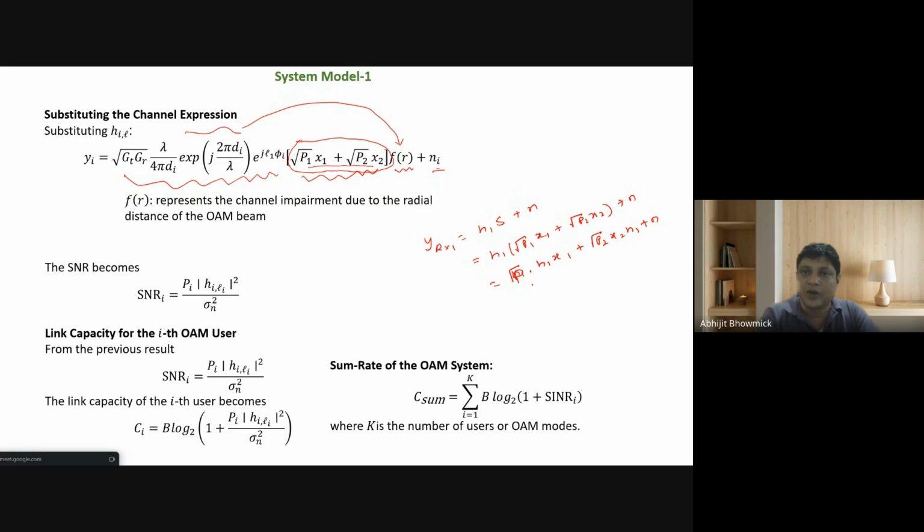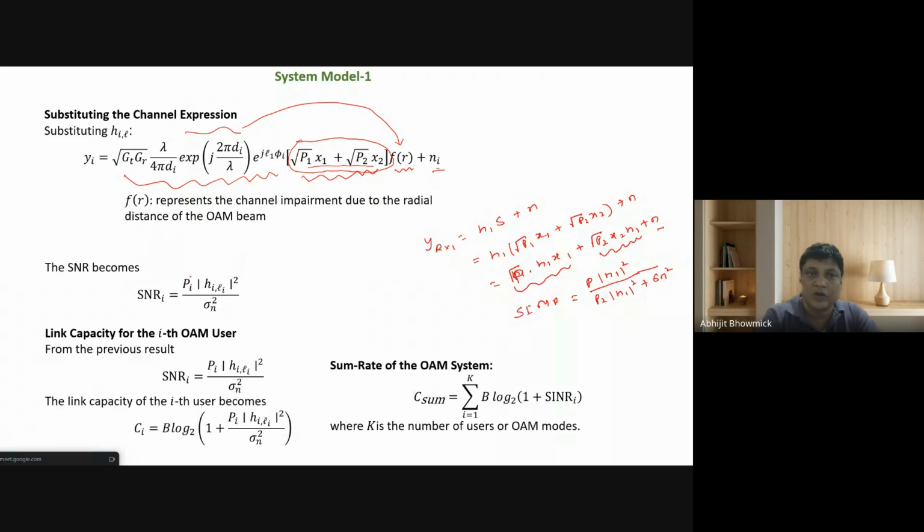For receiver 1, the signal part is this one, this is interference because it is the signal of user 2, and this is noise. So in that case, I will get SINR, which is equal to P1|H1|^2 divided by P2|H1|^2 plus sigma_n^2, the noise variance.